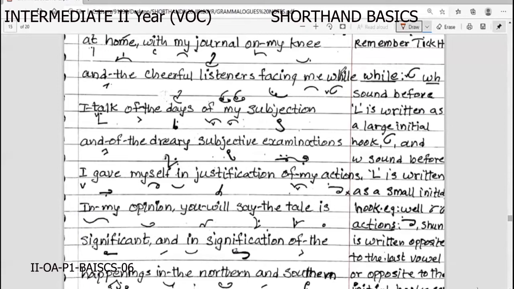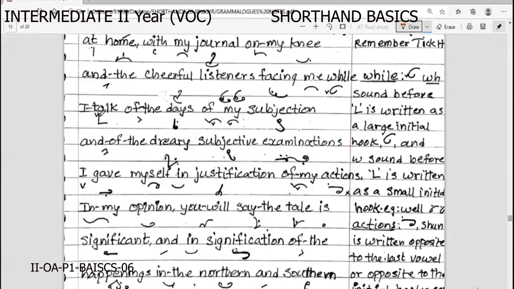Large hook to L. If this H is not there, only W is there, W and L, you're going to write only a small hook to L. But here H is there, the aspirate form is there with that L. You're going to write WH, so you will represent it by a large initial hook to L. That is while.